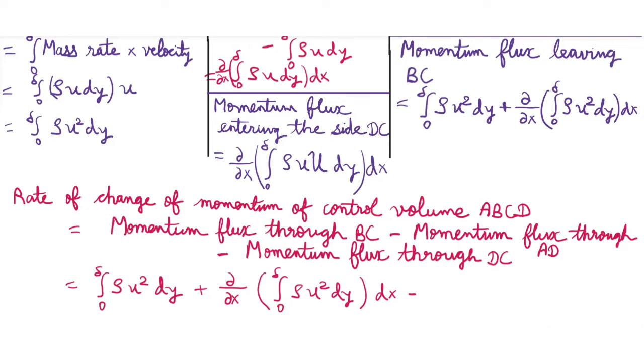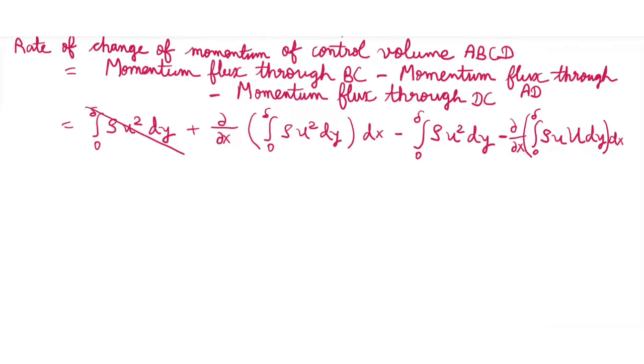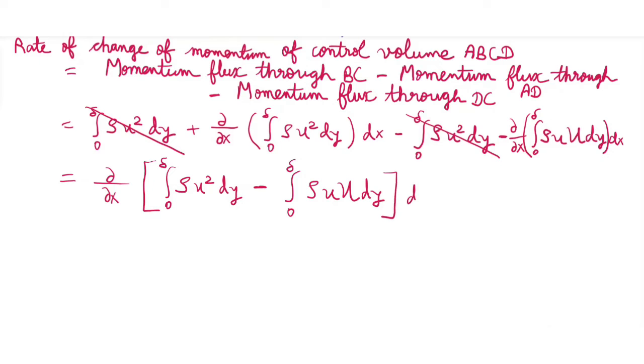Then for face AD we have integration 0 to delta rho u square dy minus, through face DC, it is del by del x integration 0 to delta rho u into capital U dy into dx. Now this will get cancelled and we have del by del x, which we can take as common, integration 0 to delta rho u into u dy minus integration 0 to delta rho u into capital U dy into dx.